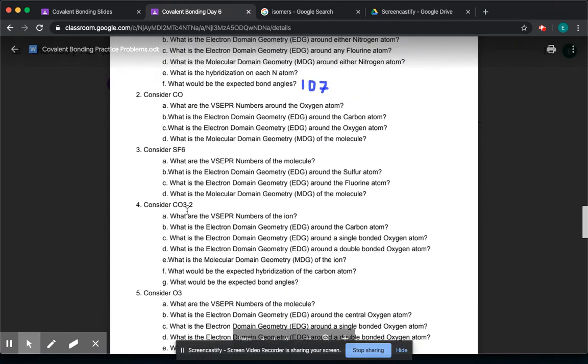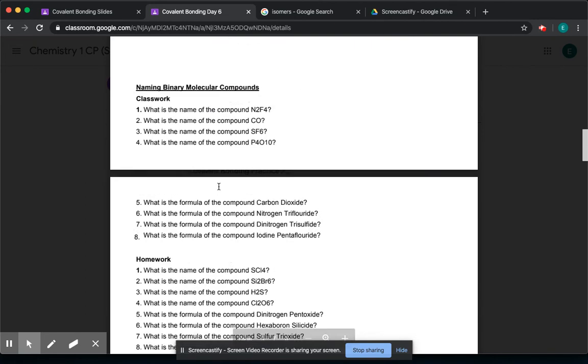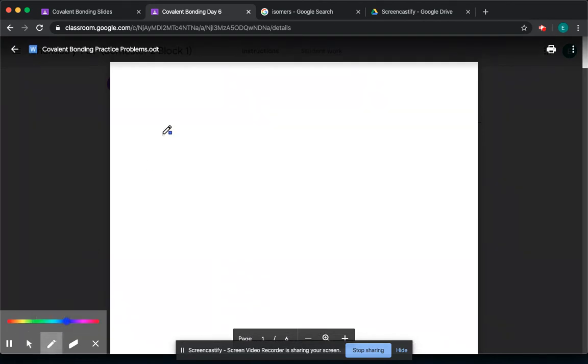Now let's do number 4. Number 4, A, what are the VSEPR numbers? So before we do that, you got to draw it out. This is CO3 minus 2. Okay, remember that. This is minus 2, so we have 2 extra electrons. Each carbon gives us how many electrons?